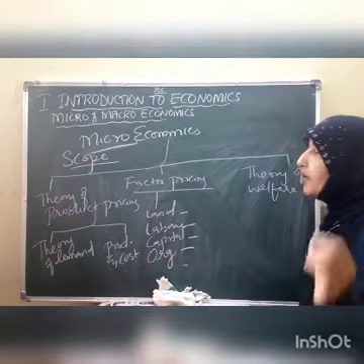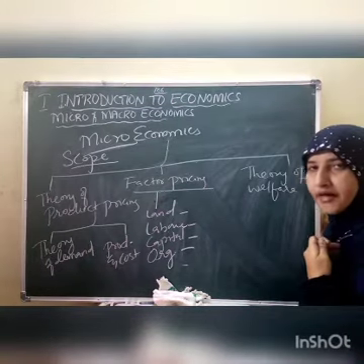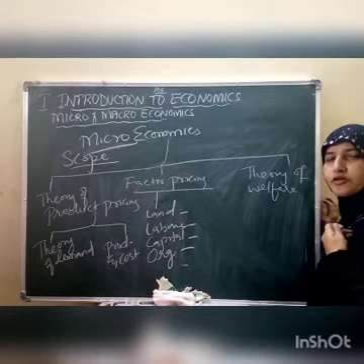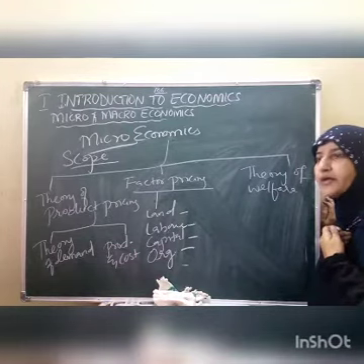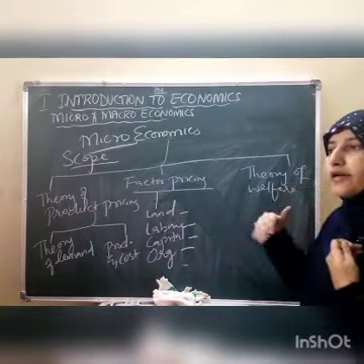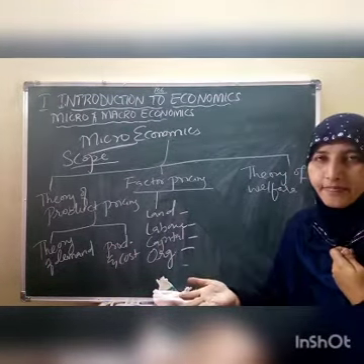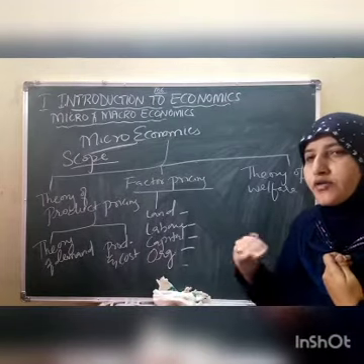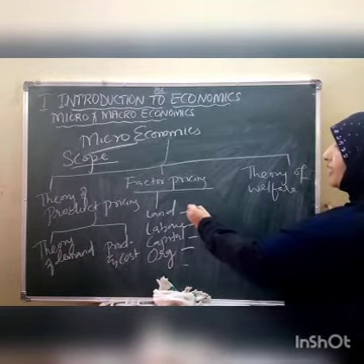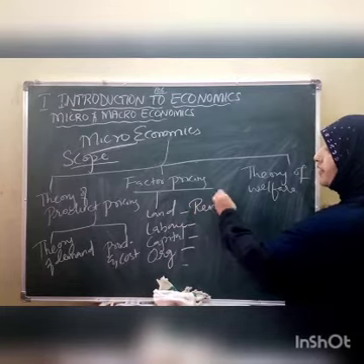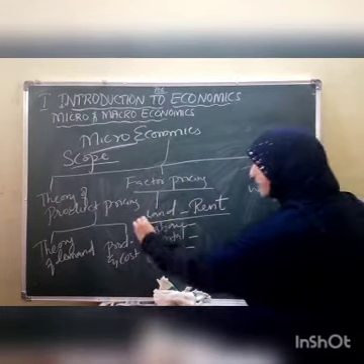Land. Suppose I am the farmer who is going to cultivate the land, but I don't have my own land, so I'll take the land on rent. As soon as I complete my work, what do I have to pay, children, for the land? I have to pay rent.